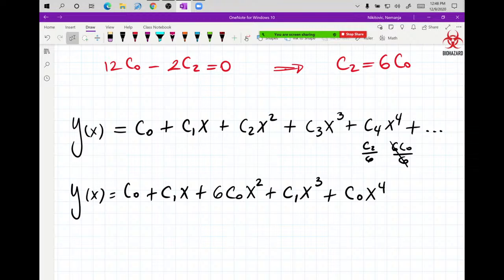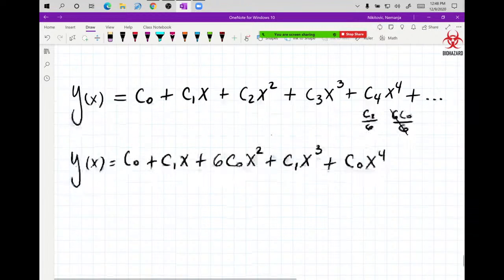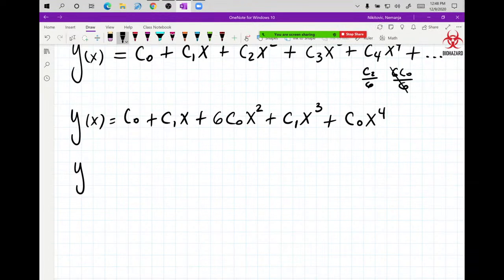And all I need to do now is to collect, because remember, all of your solutions are always like A times blah plus B times blah, or C1 and C2, or whatever. Now we're going to have C0 and C1. So all I need to do is to factor out C0 and C1, and the semester is over. So dramatic.